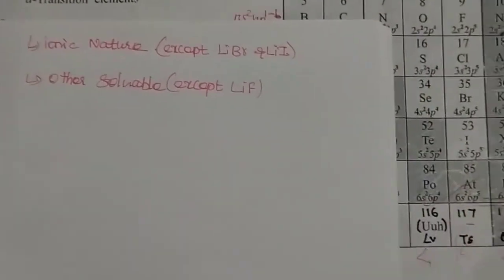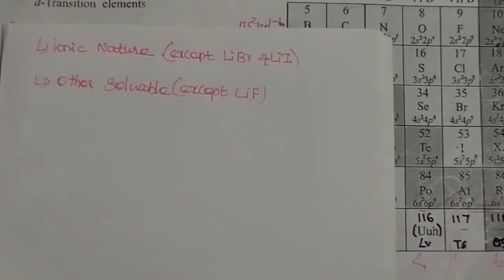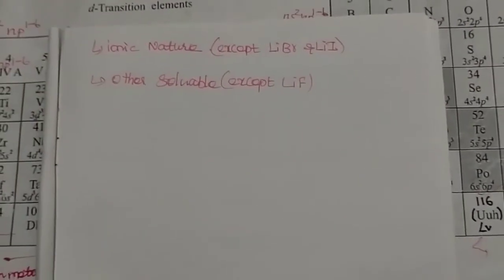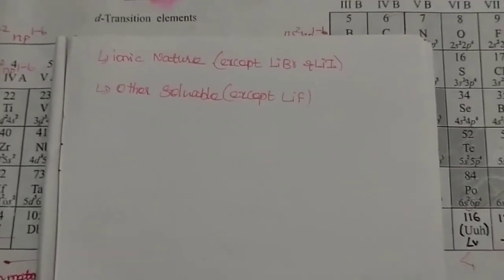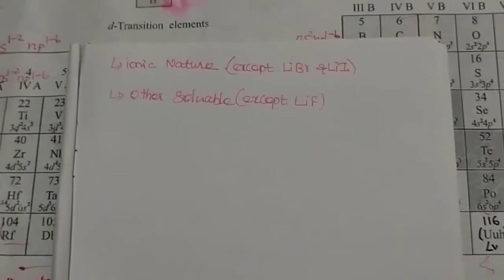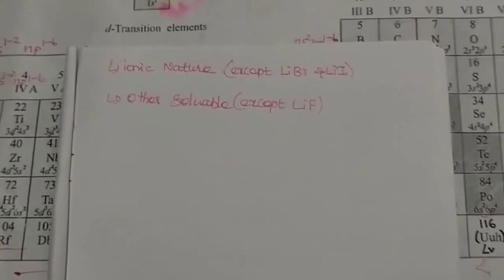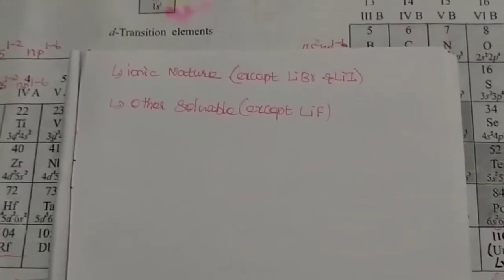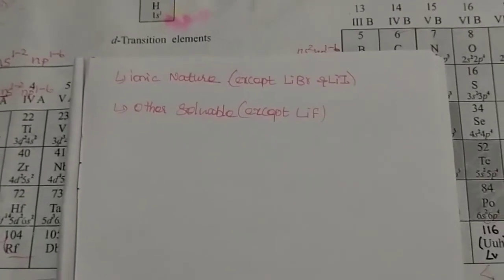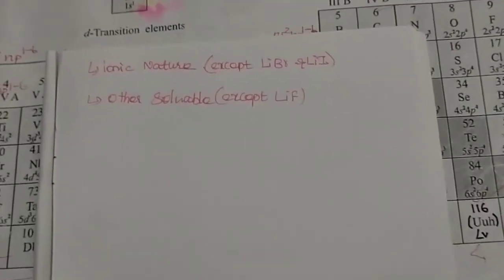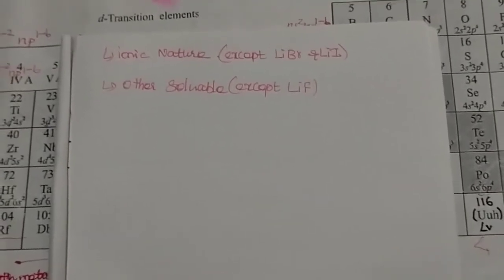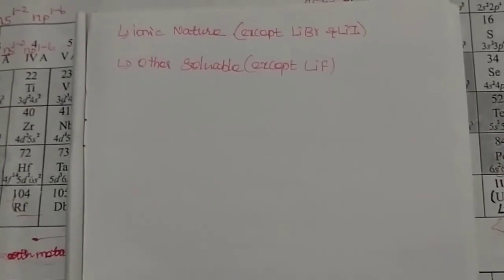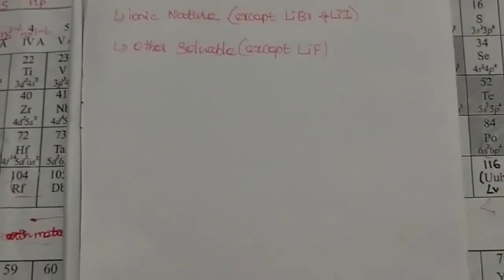Because of the smaller ionic radius of lithium and fluoride, they have high lattice enthalpy, which is why they do not dissolve in water. They are low soluble. The others can dissolve in water.